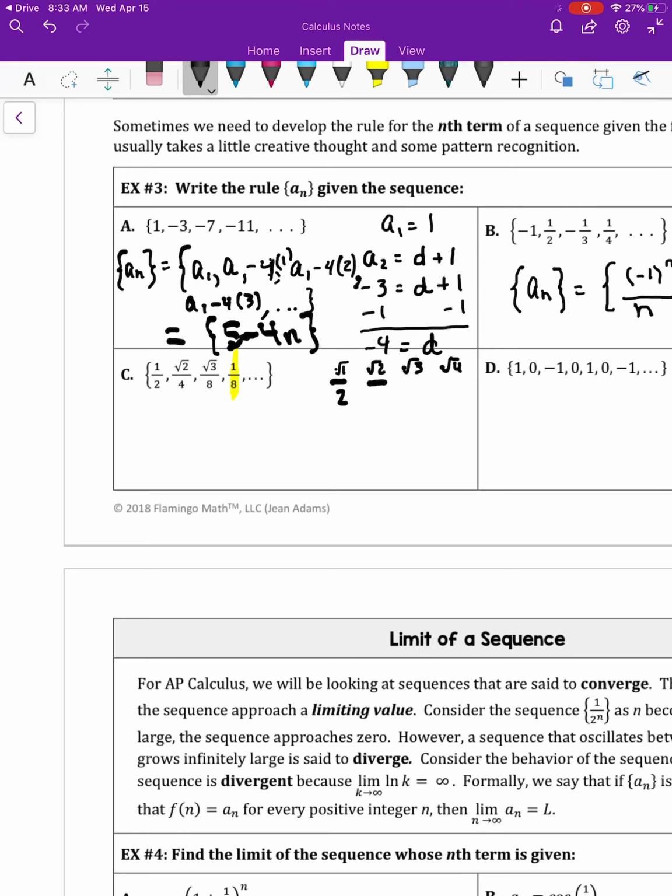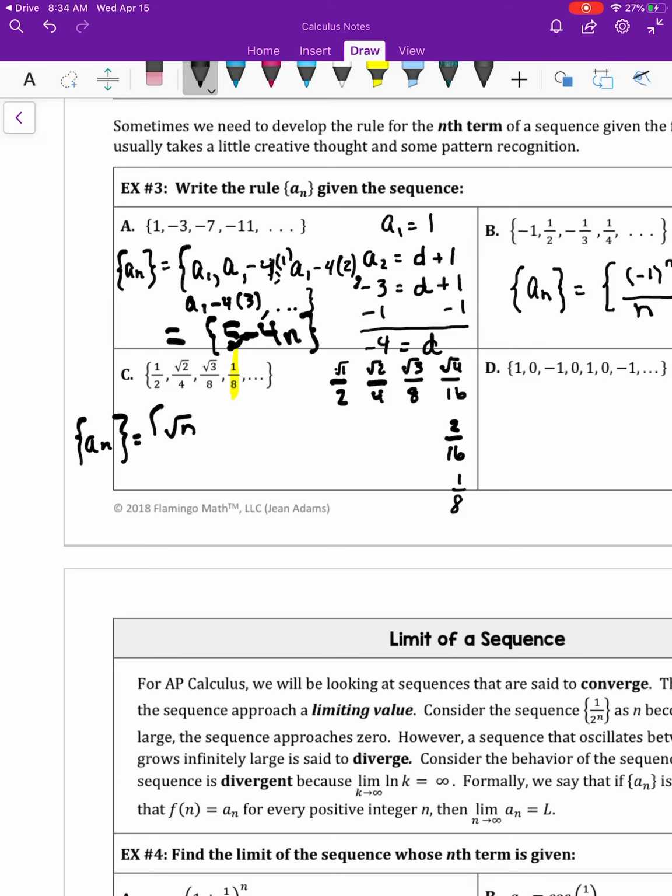I did, because I was thinking square root of 1 in the numerator, square root of 2, square root of 3, square root of 4 in the numerator. And then I was thinking 2 to the 1, 2 to the 2, 2 to the 3, 2 to the 4. And then I was thinking, does the square root of 4 over 16, which would be 2 over 16, reduce to 1/8?